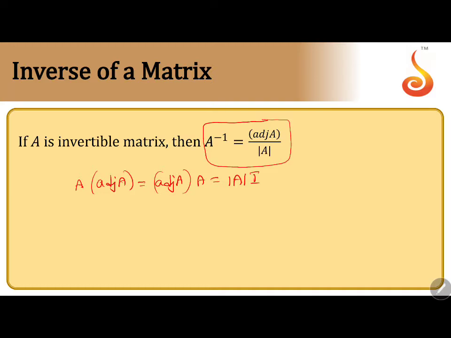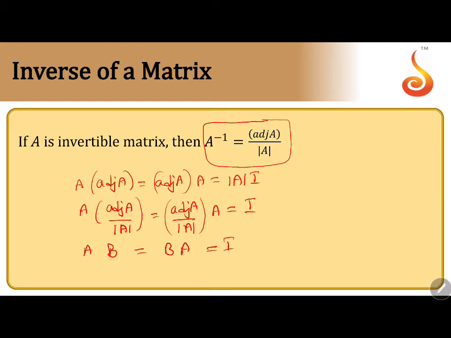So dividing by det A throughout the equation, since det A is a scalar quantity, I am writing here adjoint A by det A, keep in one bracket, adjoint A by det A into A is equal to I. Now this is of the form AB is equal to BA is equal to I. So as we discussed in the definition, if AB is equal to BA is equal to I, then we can say A is invertible and B is the inverse of A. So A inverse is equal to B. What is B here?